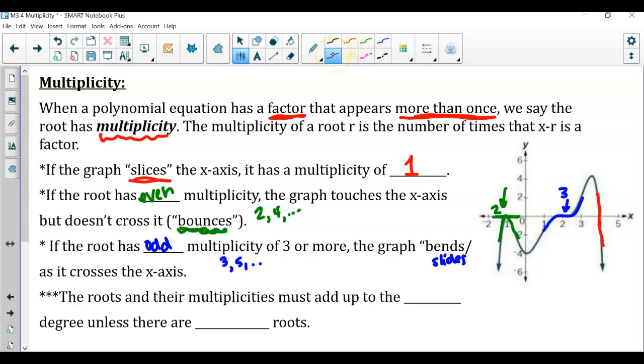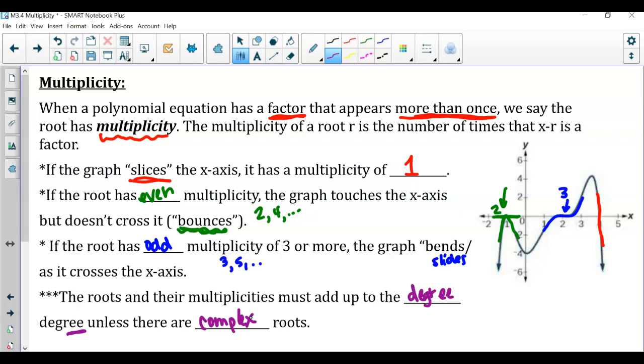The roots and their multiplicities must add up to the degree, unless there are complex roots. There could be not just real, but complex roots.